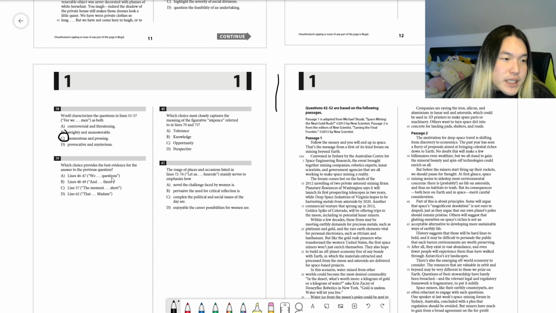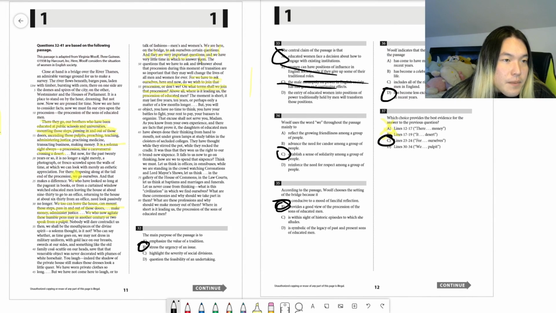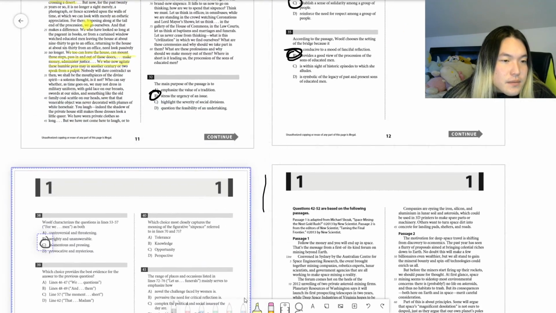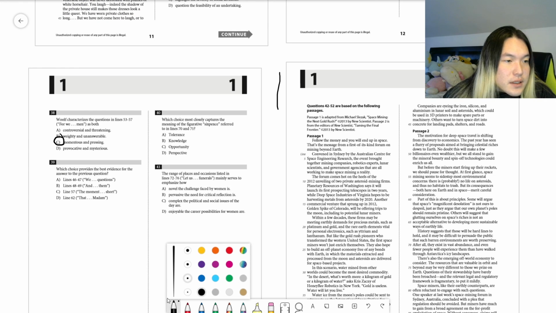Which choice provides the best evidence? I think we just looked at that, right? So, we highlighted it. It's right here. What is that? 49, 48, 47. Wait.